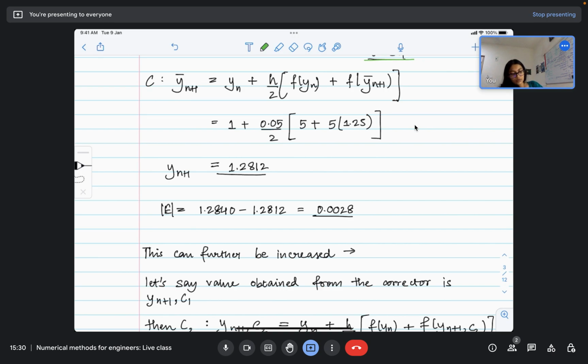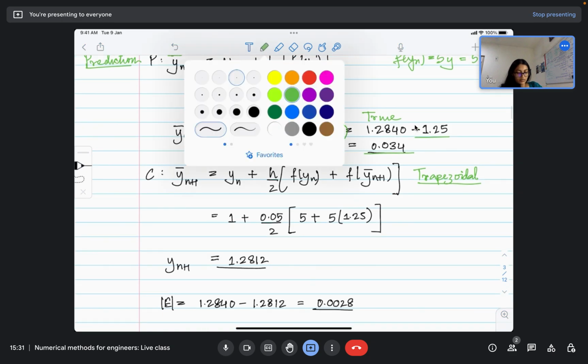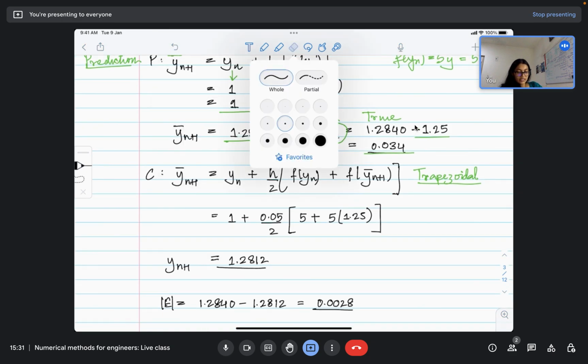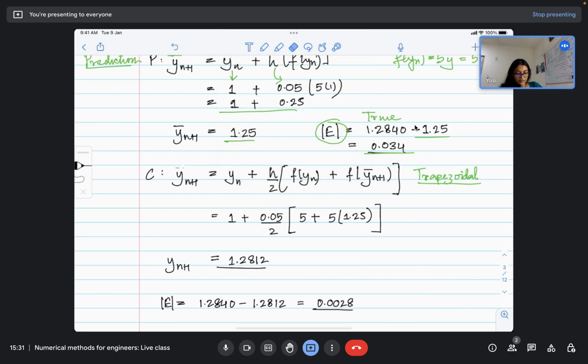So here again, using the trapezoidal rule for the implicit technique, we write the formula for yn plus 1. This is going to be the corrected and nearly close estimate, and we won't be labeling it with a bar.